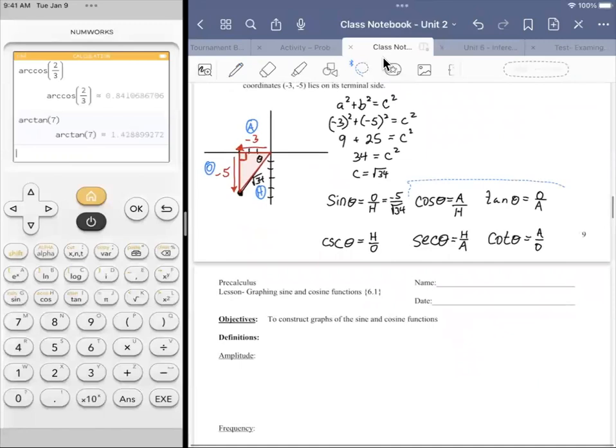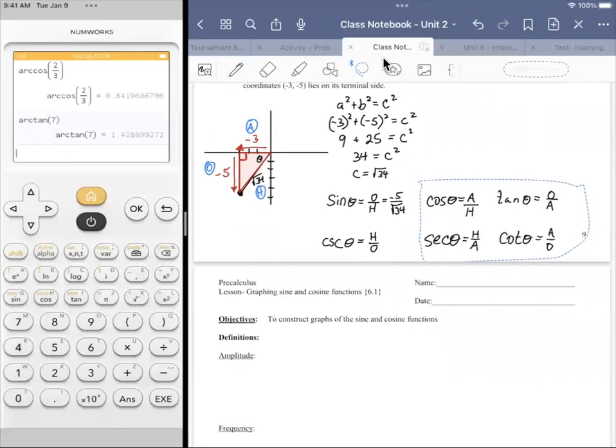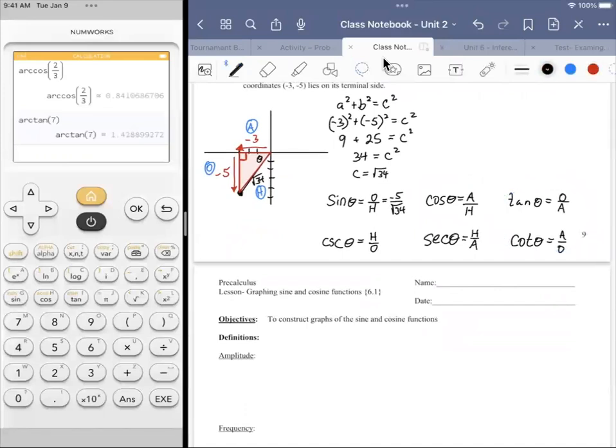I'm going to do the reciprocals along with the functions themselves, because the reciprocal function is just that. It's a reciprocal of the other functions. So sine and cosecant are reciprocals of one another. So I would make this one negative radical 34 over 5. Cosine, adjacent over hypotenuse, is -3 over rad 34.